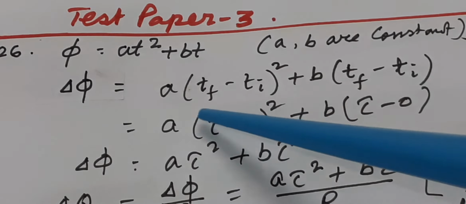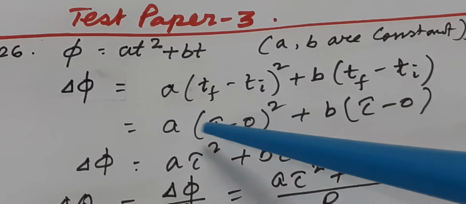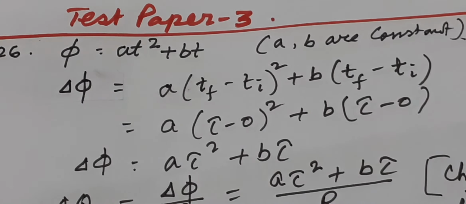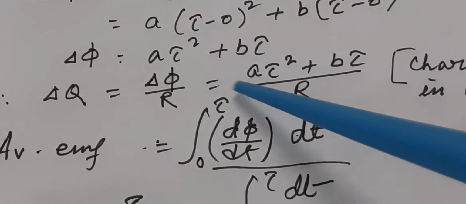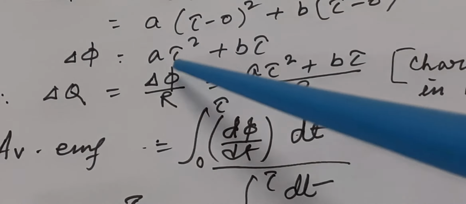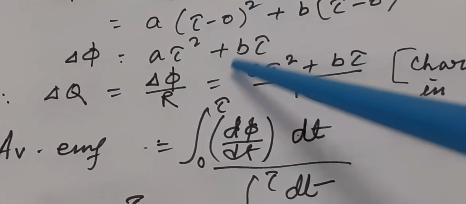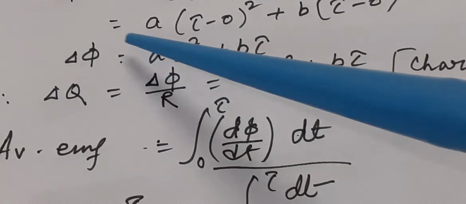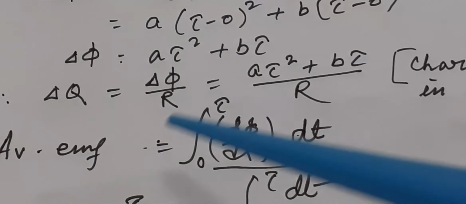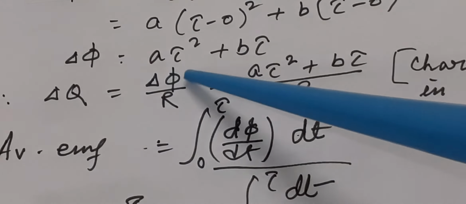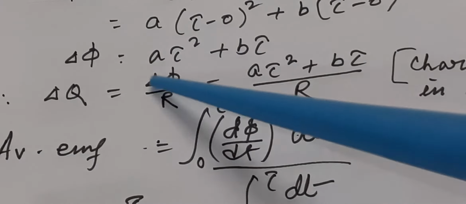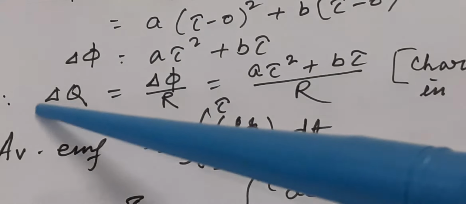And we know time final means tau, started with 0 time, this will be the expression, very simple, tau minus 0, then you will get delta phi equal to a tau square plus b tau. That will be delta phi. And we know charge flow means delta q equal to delta phi by r. Delta phi by r is the amount of charge flowing.